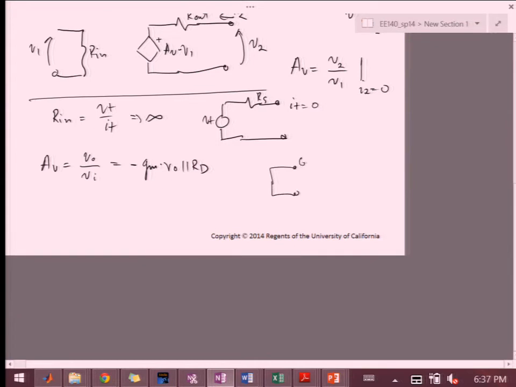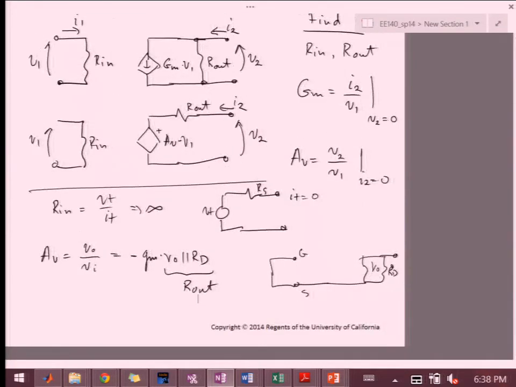So this is now my gate, this is now my source, and then I have here gm VGS, and then I have R0 and RD. Because VGS is 0, then gm VGS is 0. So there's no current, and essentially I can just delete that piece. And then all I have is these two in parallel. So basically, this is my Rout.